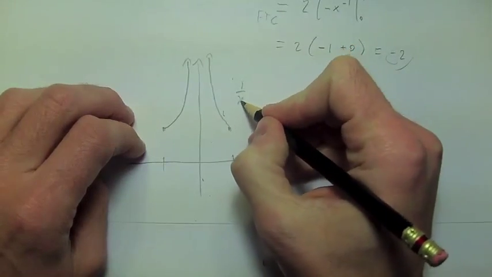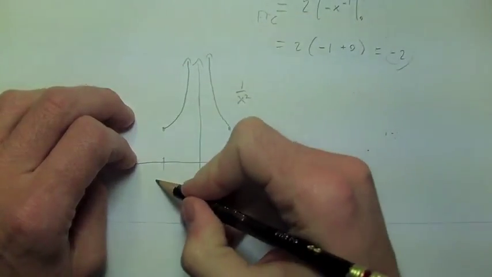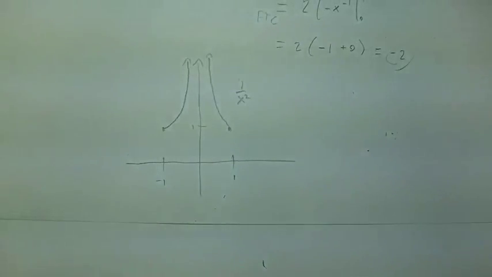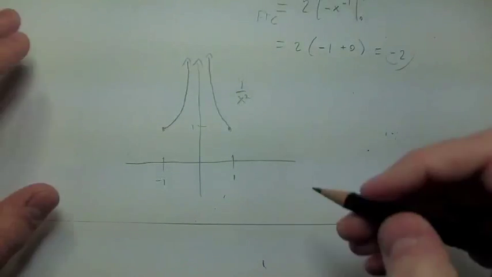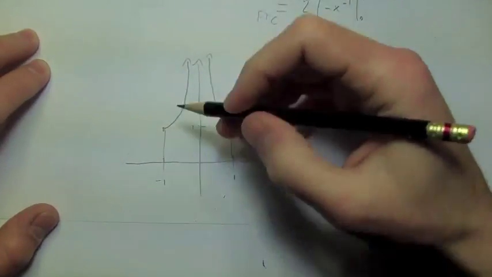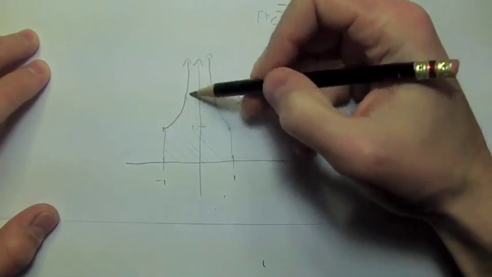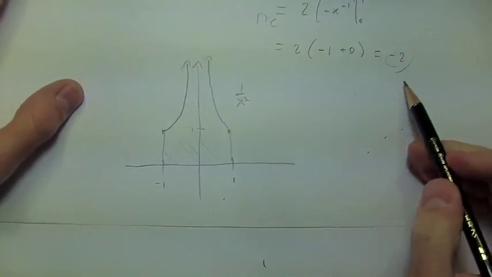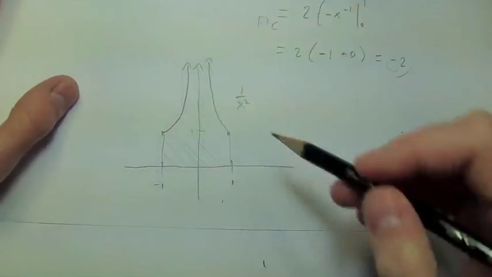So this is what 1 over x squared looks like. Here's 1, -1. This is 1. Okay, and using the fundamental theorem of calculus, we found that the area between the graph and the x-axis should be -2, which doesn't actually make any sense, does it?